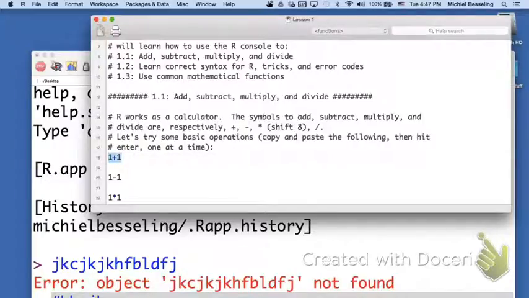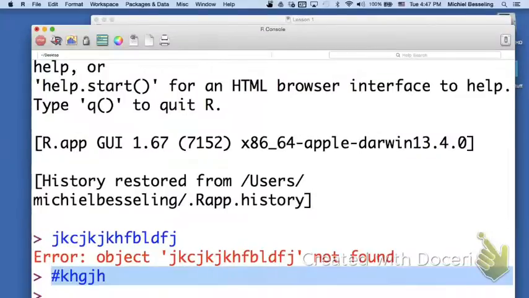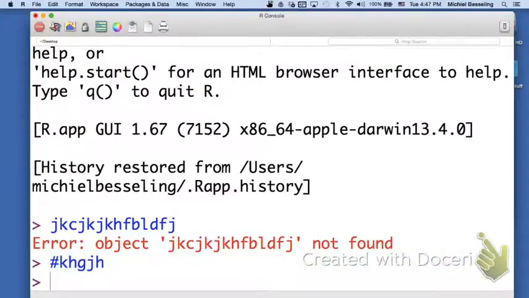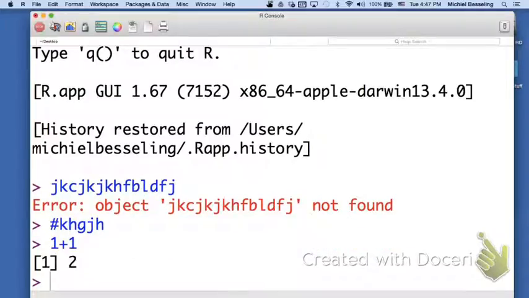What I actually ask you to do, or you could type this in by hand, is just highlight and copy, I use Command C. And then let's go into a blank spot in the console and paste it, Command V. We're entering 1 plus 1 in the console. And the answer it spits back is 2. Now you might wonder what's this little 1 in the bracket doing there.